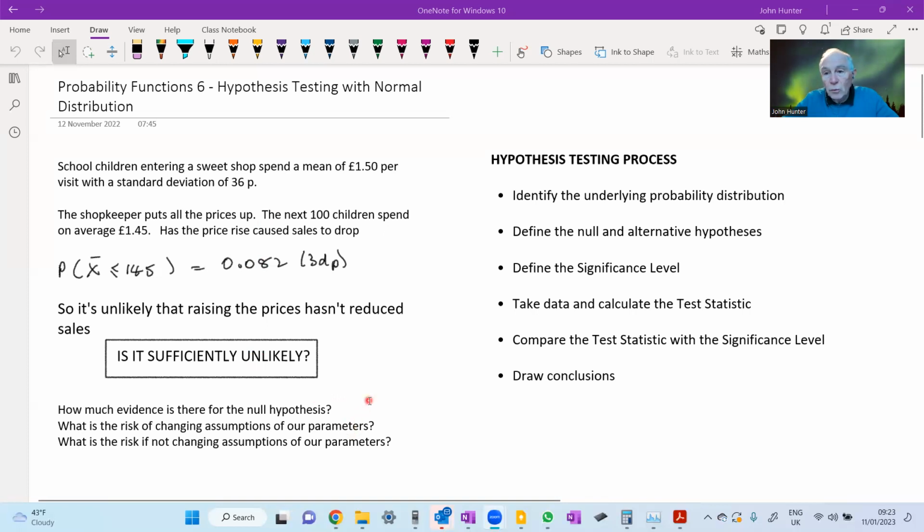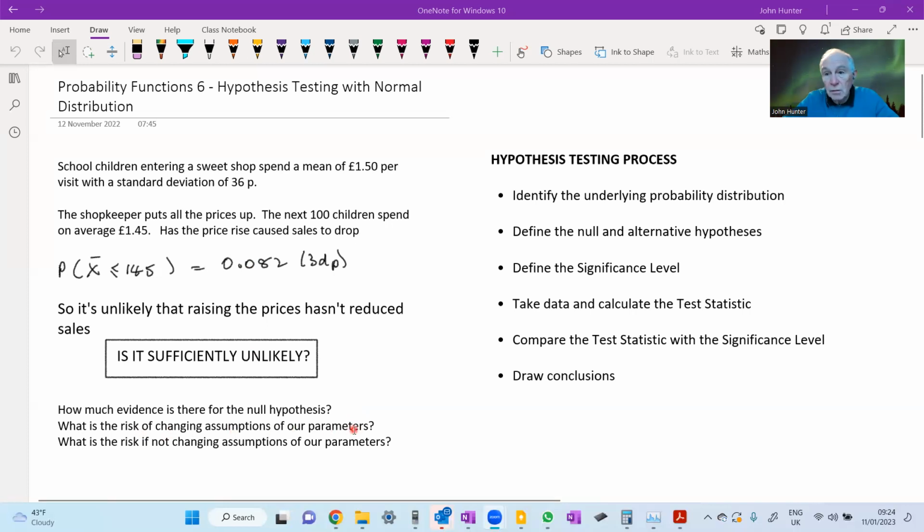Really, we have to take a judgment here based on what we're looking at and what the consequences are. First of all, how much evidence is there for the null hypothesis in the first place? Is it something that's been established for a long time, and are there lots of things that are based on that assumption? What's the risk of changing assumptions about our parameters?